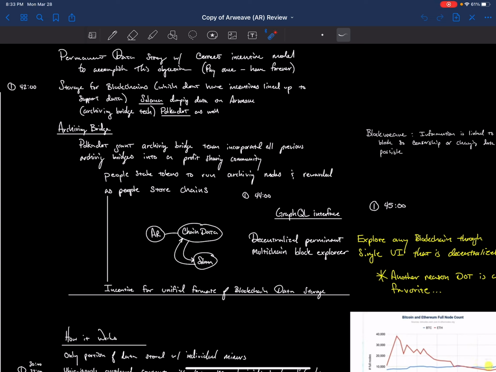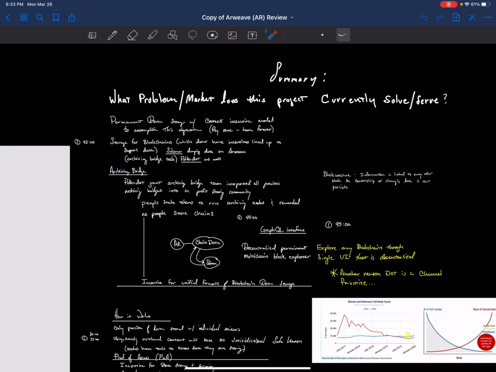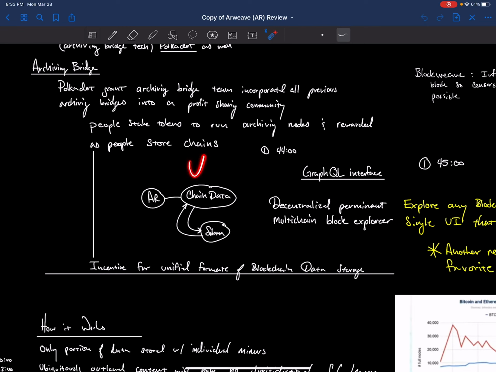And the biggest use case, the biggest success potentiality for Arweave, in my opinion, is something called a decentralized permanent multi-chain block explorer. If you have Arweave and you have this chain data and all these different blockchains connected to it, you could create one common user interface that would sit on top of it, and it would have access to all the different blockchains and their history, their records.